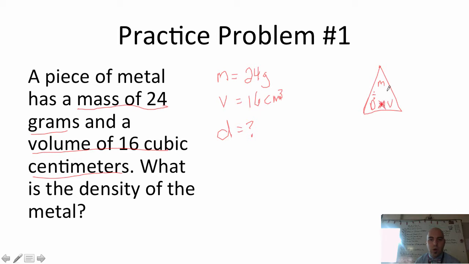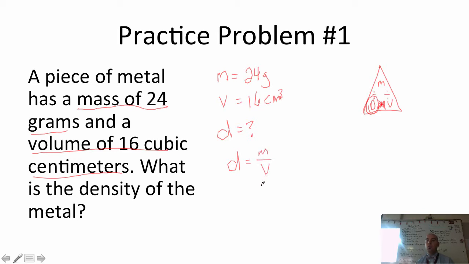So what is it that I'm trying to find? Density. If I look at density on my triangle, how do I calculate density? Mass divided by volume. Allie? Yeah, that's divided by volume. Okay, so it's mass divided by volume.